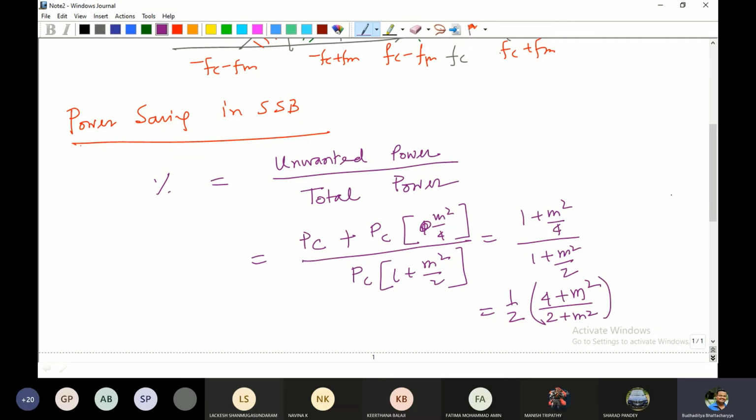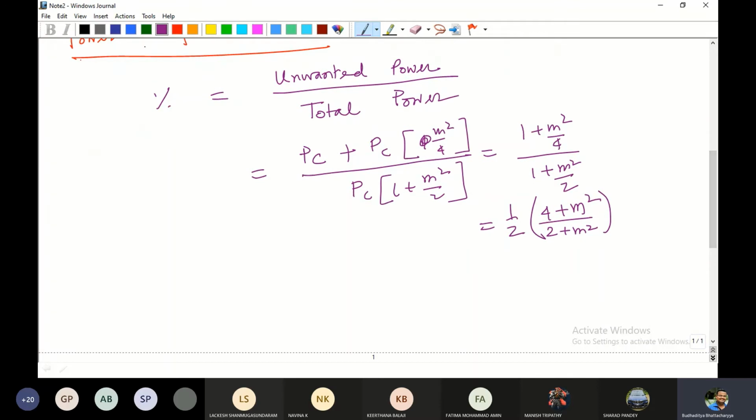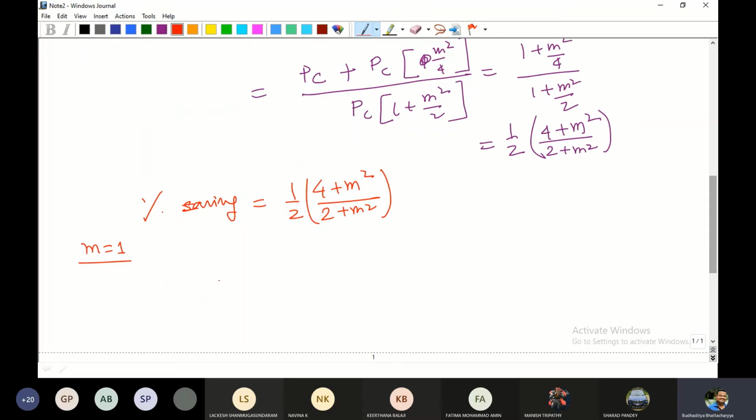So my power efficiency, I write as a formula: percentage saving of power is given by half of 4 plus m square divided by 2 plus m square. Now, if you observe, when m is equal to 1, which is the highest value of m that we all know is possible, substituting, half of 4 plus 1 divided by 2 plus 1.